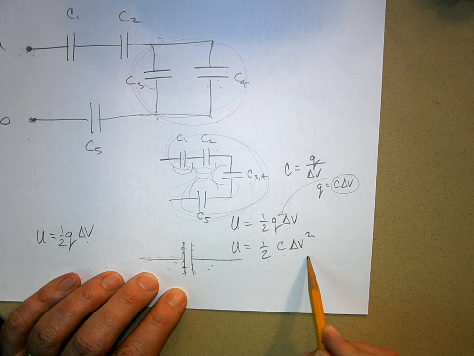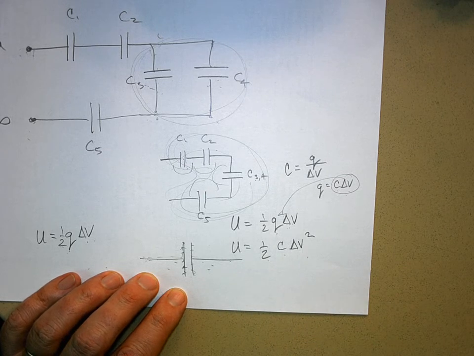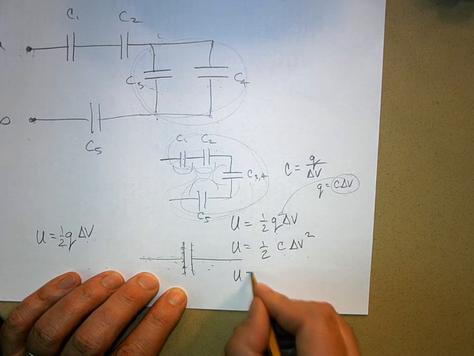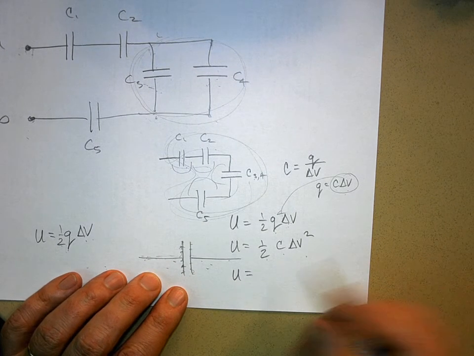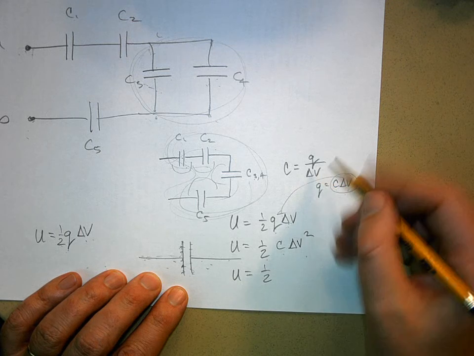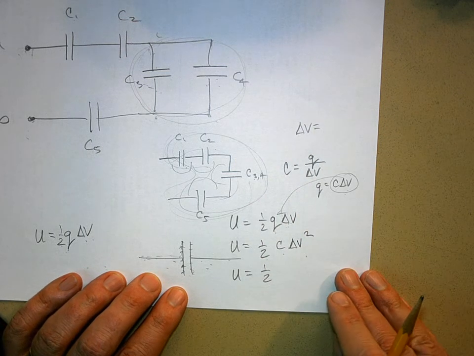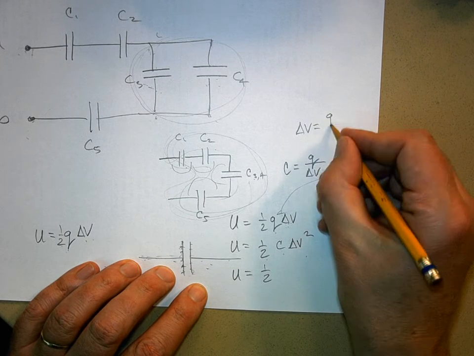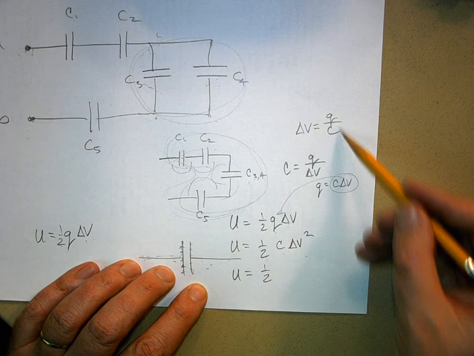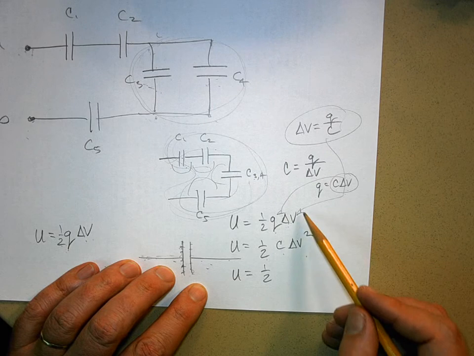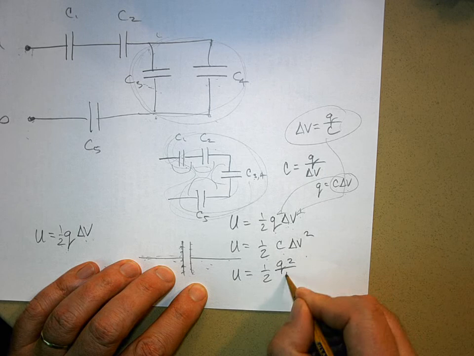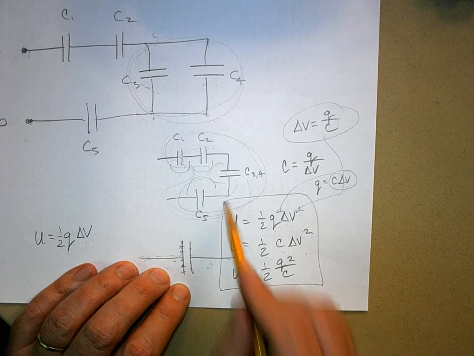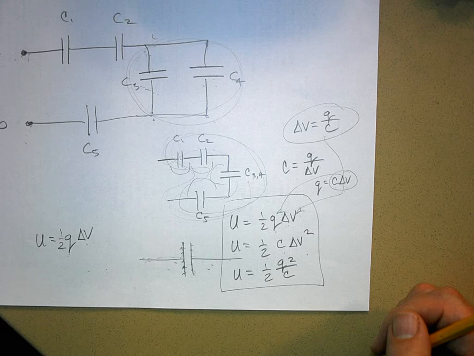Remember we did this with power? We had Ohm's law and we had I times V, and we did the same. It's the same kind of thing. Or the energy stored in a capacitor is 1/2 Q delta V. Well, I can solve this for delta V. Delta V is equal to Q over C. So if I substitute for delta V in there, I get Q over C times Q, that's Q squared over C. And these are the three equations that describe how much energy is in a capacitor depending on what you're given.